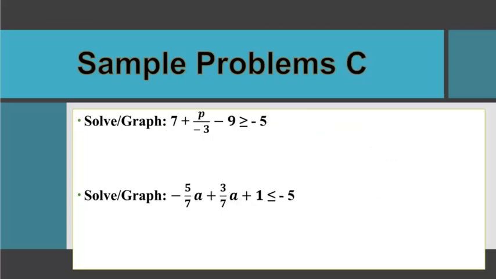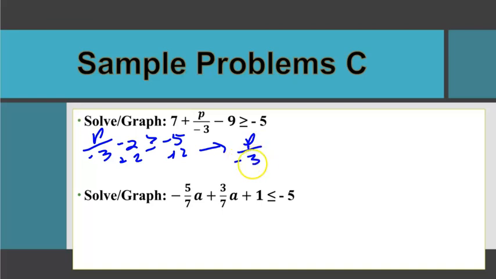Next, solve and graph these. Here I have 7 minus 9 is negative 2. So if I have negative 2 here, let me write this. So I got p over negative 3 minus 2 is greater than or equal to negative 5. Going to add 2 to both sides. And now I'm left with p divided by negative 3 is greater than or equal to negative 3.